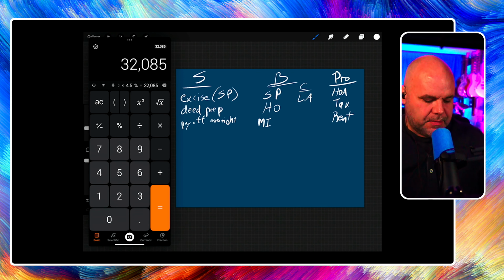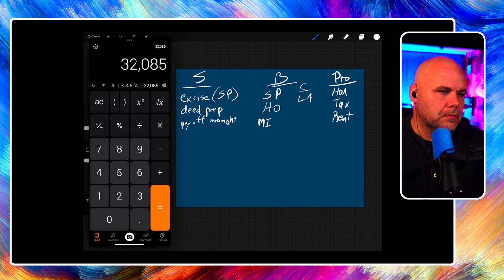Which one is called MIP? Mortgage insurance premium. Let's take a guess. Yeah, mortgage insurance premium is an FHA loan. That's a government loan.